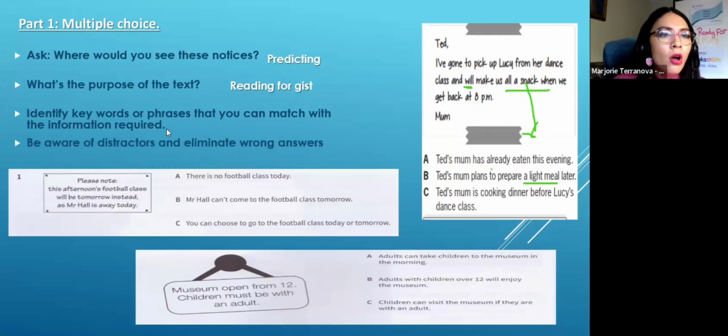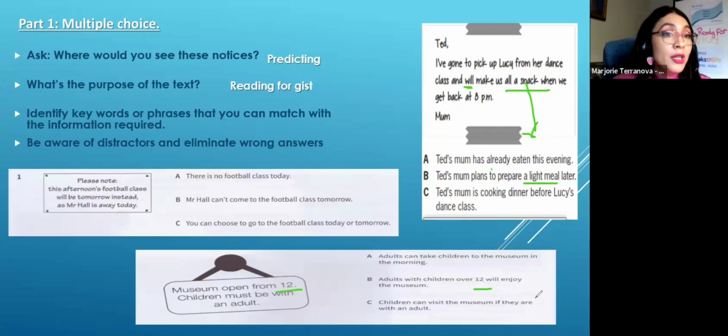Be careful of distractors, okay? So distractors are, for example, in the third notice. I can show you here, just let me put this one here. All right, what happens in this part? 12. Well, I look at my option and I see that in my notice and in my option, I have 12.